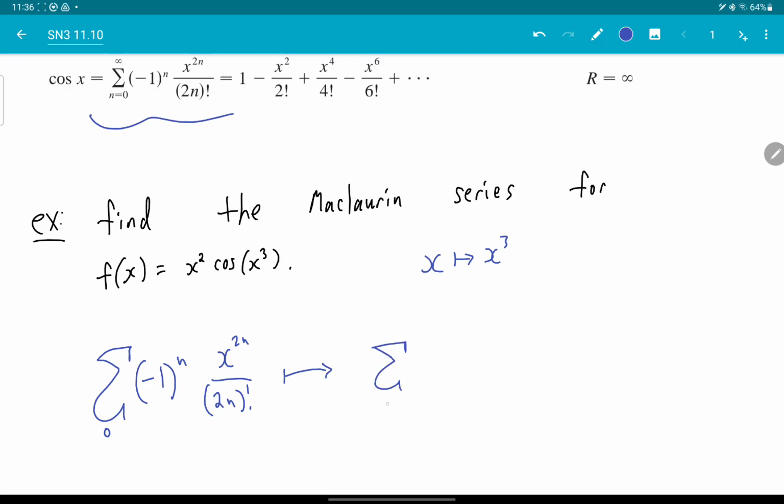And I will get, well, I'm going to have x cubed, and then I'm going to have 2n on there. So it'll be x to the 6n over 2n factorial.